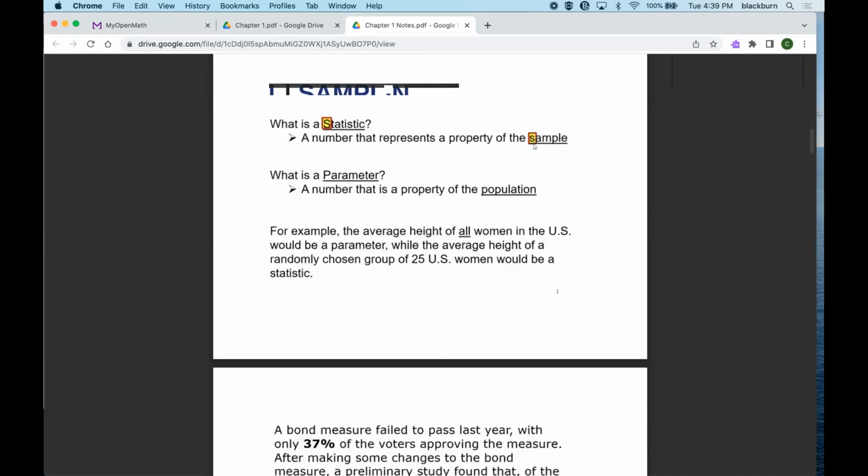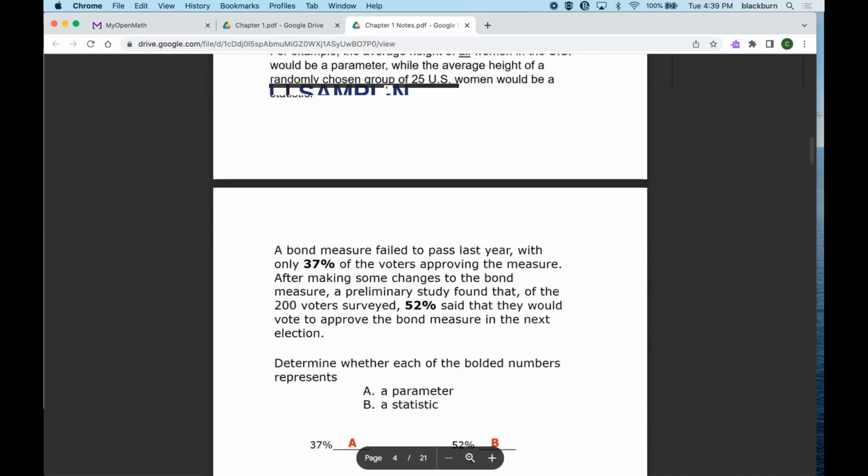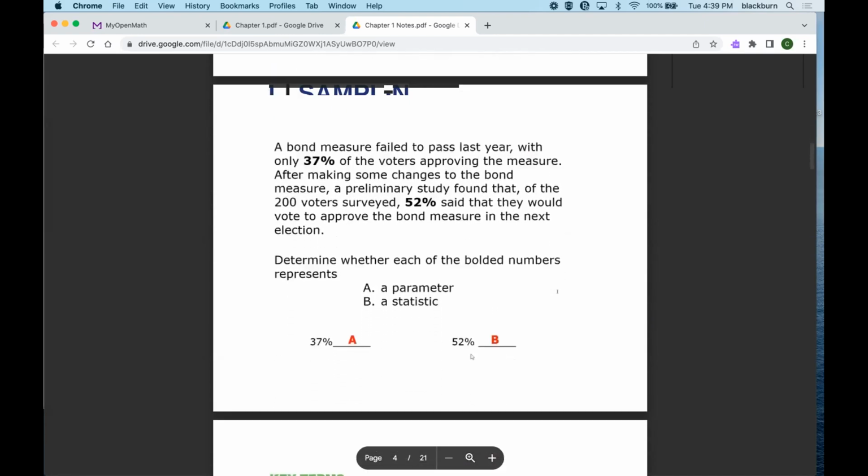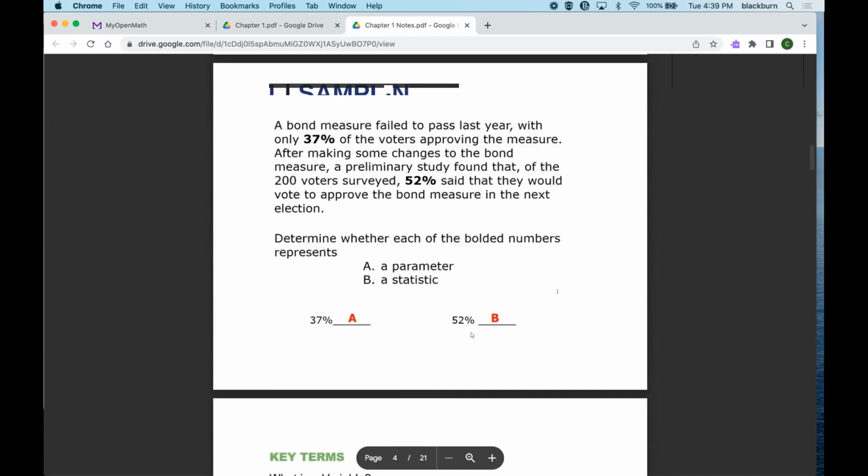Okay, so they give you an example here. A bond measure failed to pass last year with only 37% of the voters approving the measure. After making some changes to the bond measure, a preliminary study found that of the 200 voters surveyed, 52% said they would vote to approve the bond measure. So which one's the parameter?